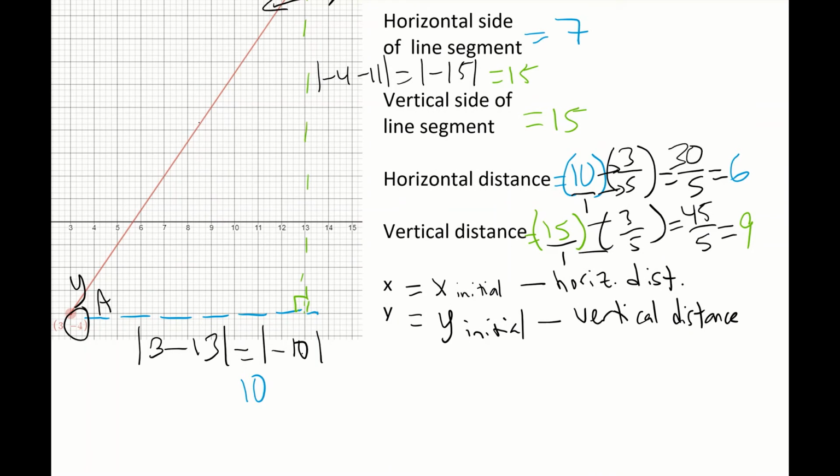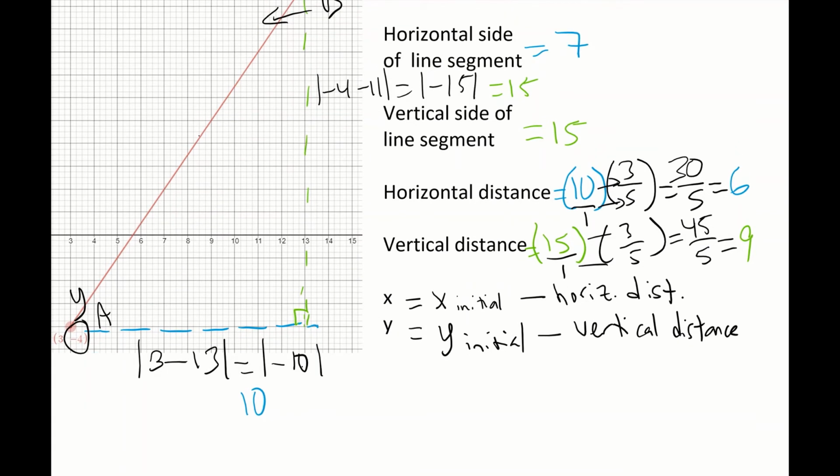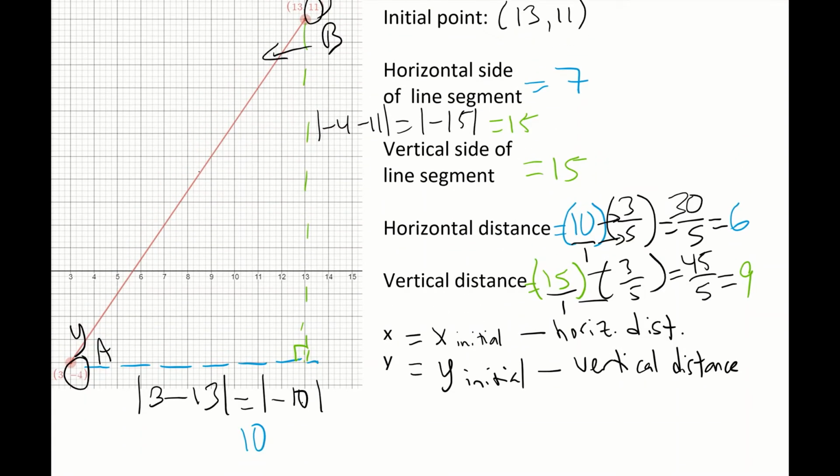And we're only doing that because that makes sense in this example. In this example, you're going to be going left and down. And so it makes sense that you're going to be subtracting for x and then subtracting for y.